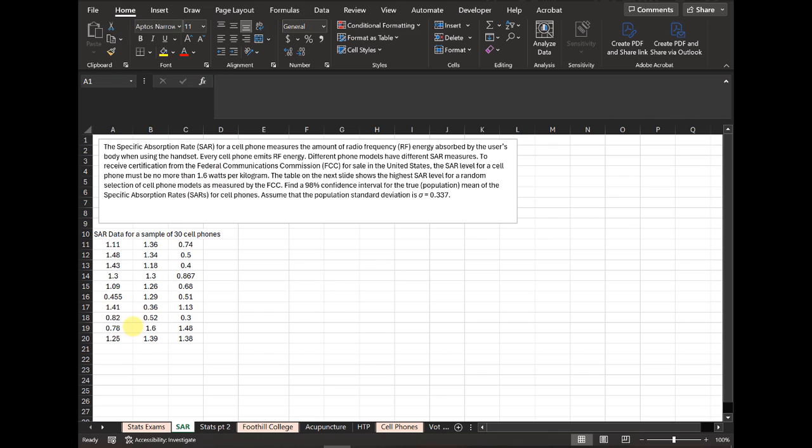And so we have a table below that's going to show us the SAR level for a random selection of phones. So we're asked to find a 98% confidence interval for the true population mean of the SAR for cell phones. And we're going to assume that the population standard deviation is 0.0337.